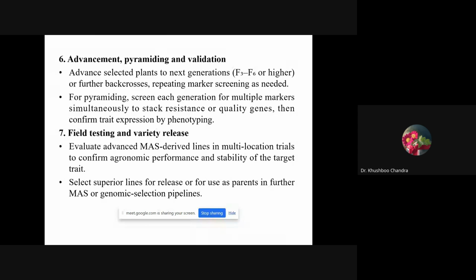Ultimately, if the trait has been transferred from the donor parent to the recipient parent, then prior to the variety release, different field testing should be done, right?